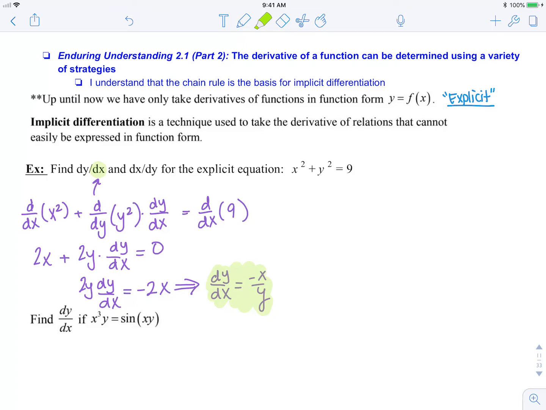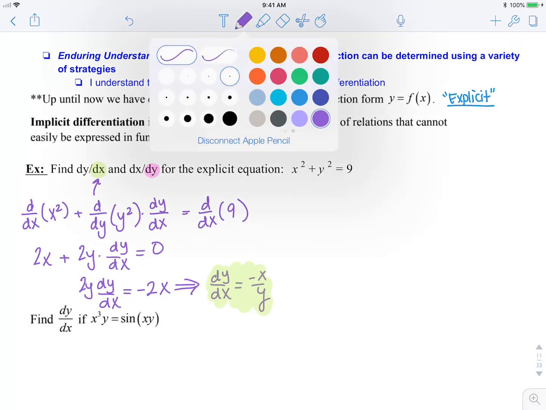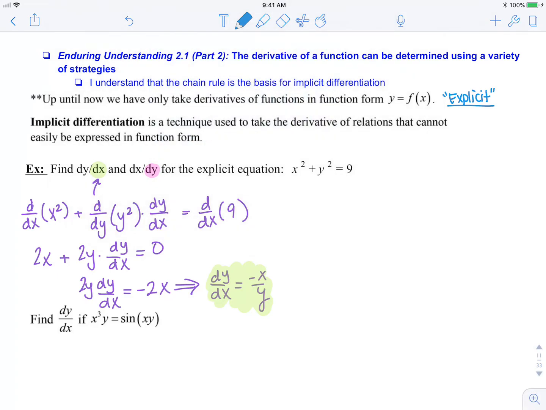So now for our second part, I want to take the derivative with respect to y. So now we're doing the same idea, but now we want the derivative with respect to y instead of with respect to x. So same formula.